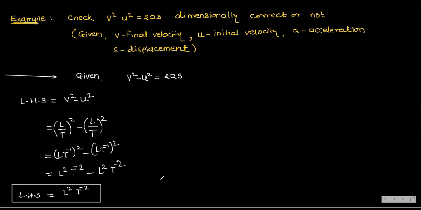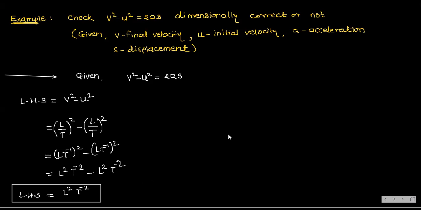One more time I am repeating, listen. In case of only division, suppose you get the same dimension at the numerator and at the denominator, you can cancel it. But in case of subtraction or addition, you cannot cancel. Whatever dimensions you get, those dimensions only will be there after subtraction. Got it? Next, this is your left hand side.